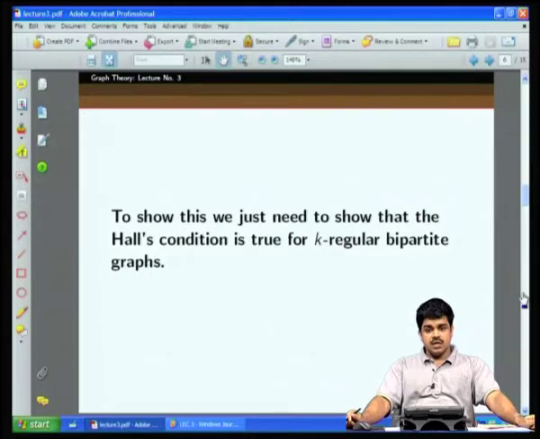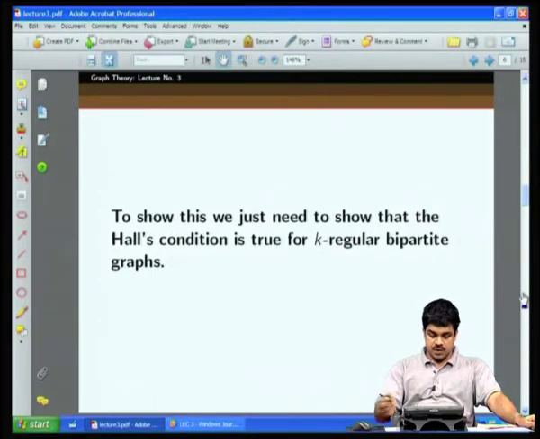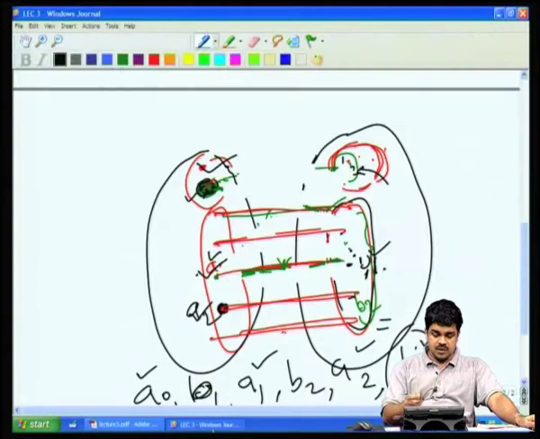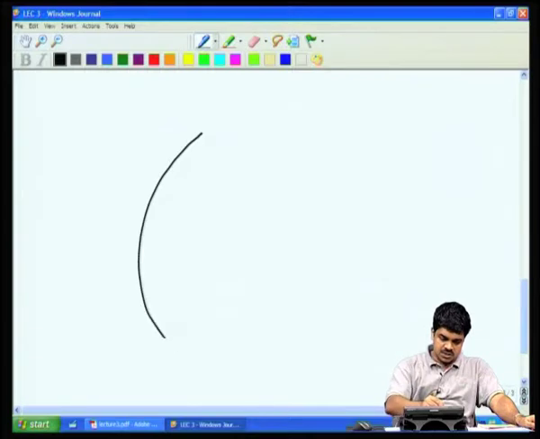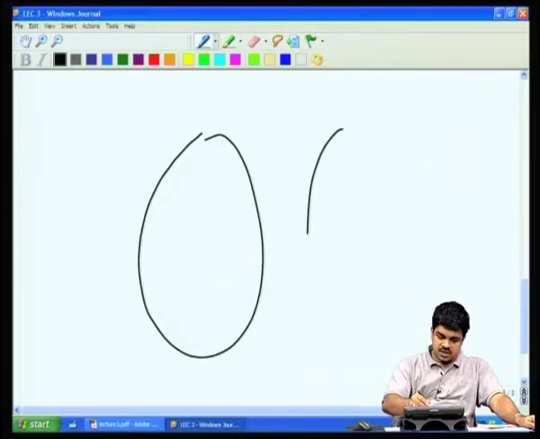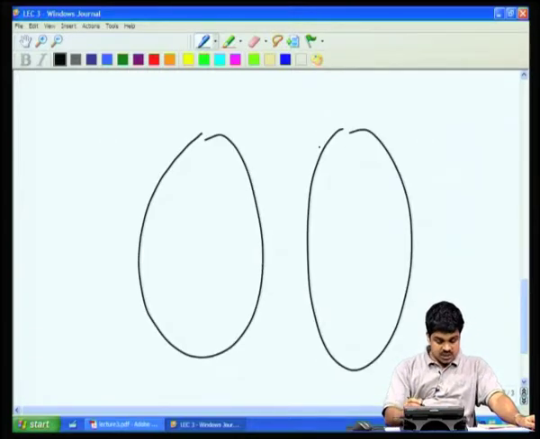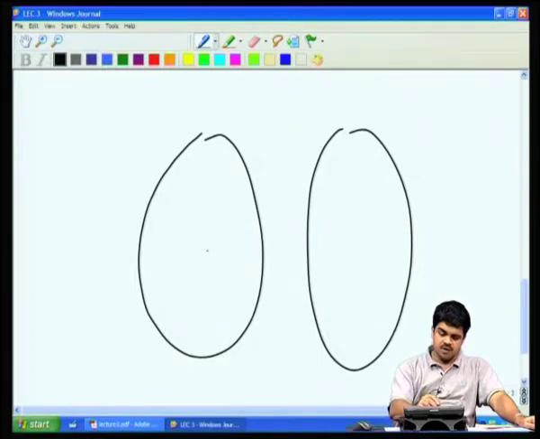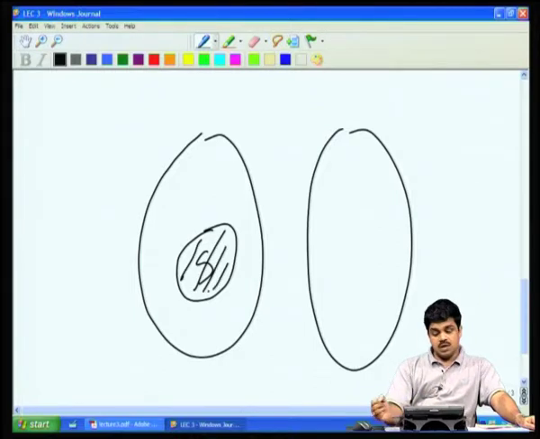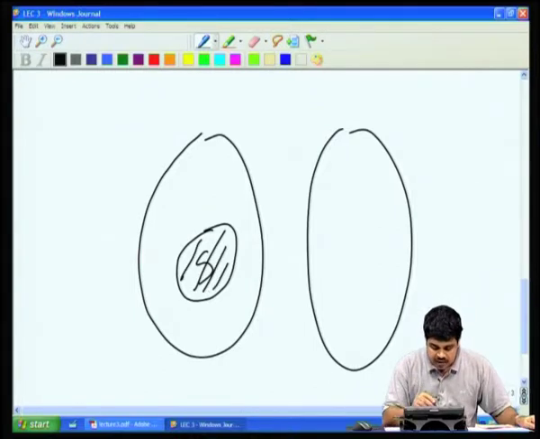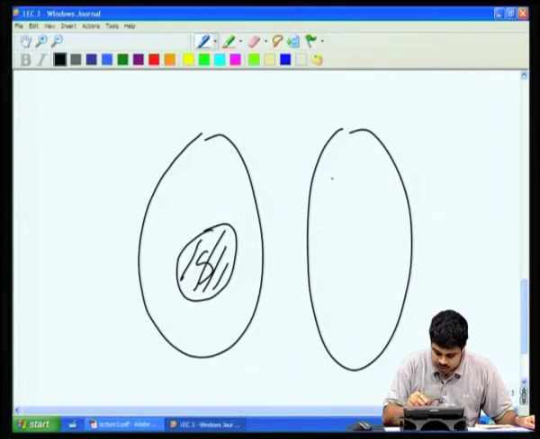So, how do we show that Hall's condition is true for k-regular bipartite graphs? Let us take up an example picture. Here is the bipartite graph. It is supposed to be a k-regular bipartite graph. Now, take an arbitrary subset S of it. Let us look at the neighborhood of this.